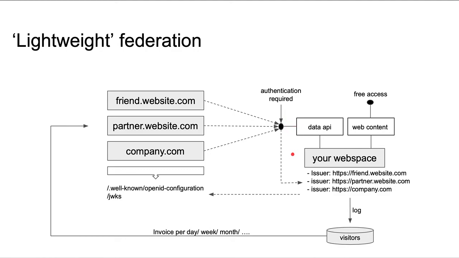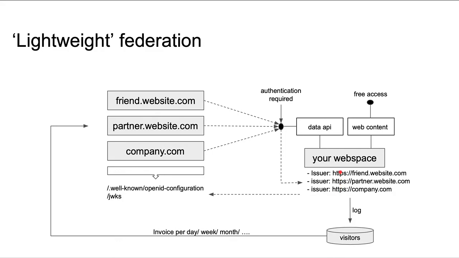So what you would do is, in your web space, you would specify a list of valid issuers of ID token, and now I would like to say in the general case JSON Web Token, which allows you to specify a content of whatever you need, so to say.